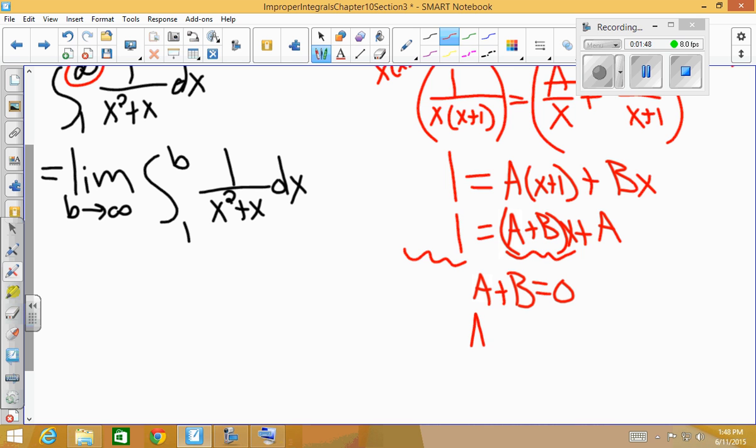Also, we know that A is equal to 1. Well, once we know that A is equal to 1, we can say that 1 plus B is equal to 0, which means that B is negative 1.